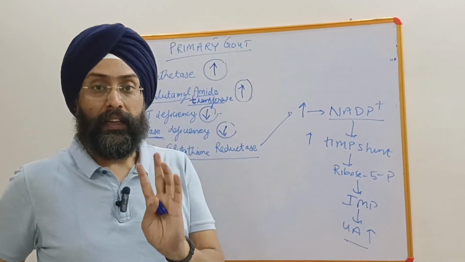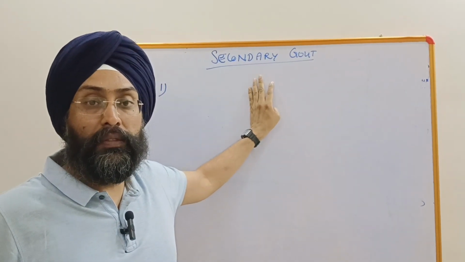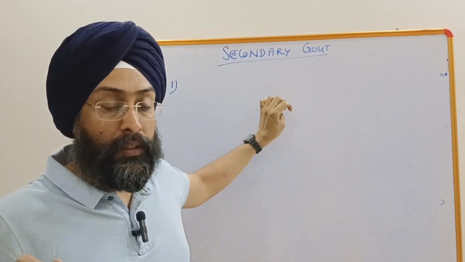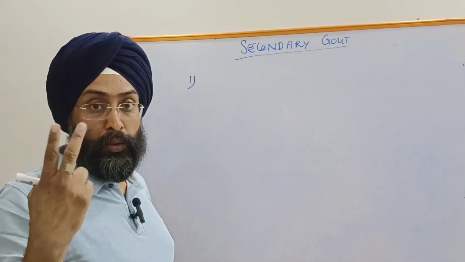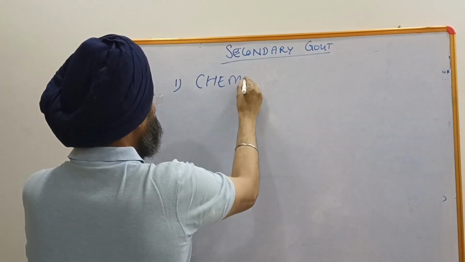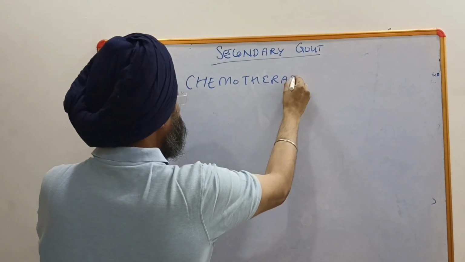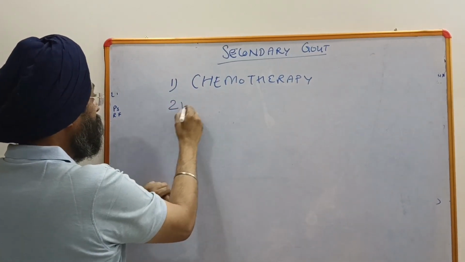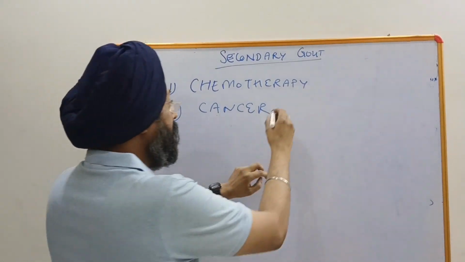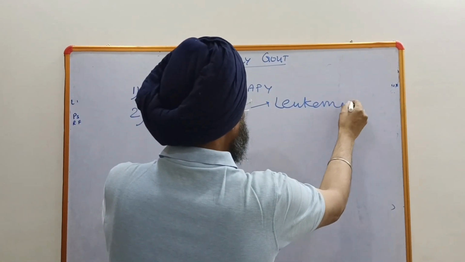Now I will start with secondary gout. The secondary gout is associated with reasons that are not directly linked to purine nucleotide synthesis, right? Now the primary reasons are two C's, right? First is chemotherapy, right? The second C is cancer, right? Cancer can be leukemia, right?